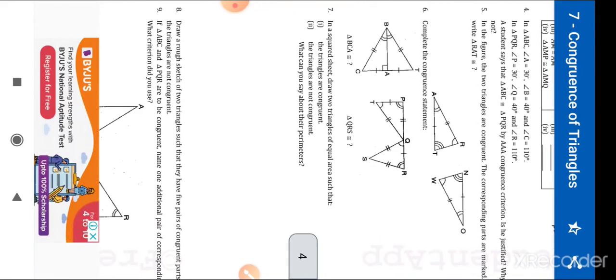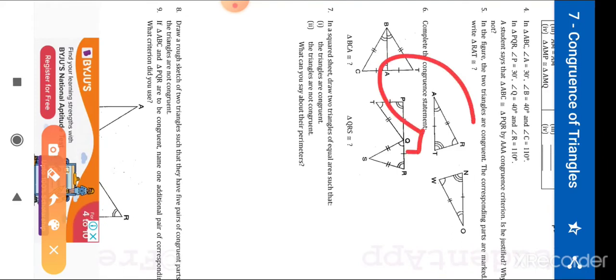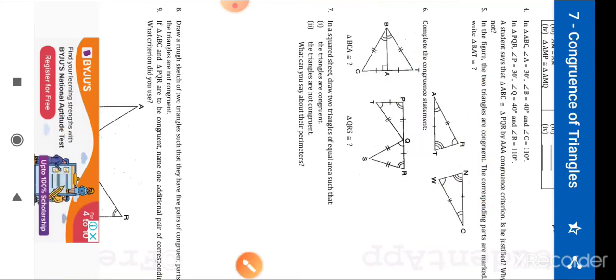So it is clear from the question that side RA is equal to side WO, side AT is equal to side ON, angle A is equal to angle O, angle R is equal to angle W, and angle T is equal to angle N. So if we write triangle RAT, then this triangle is congruent to triangle WON. In this way, you can solve the 6th question of this exercise.